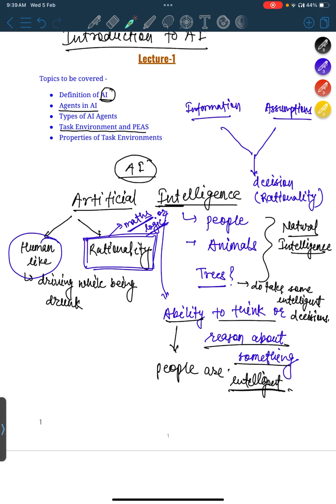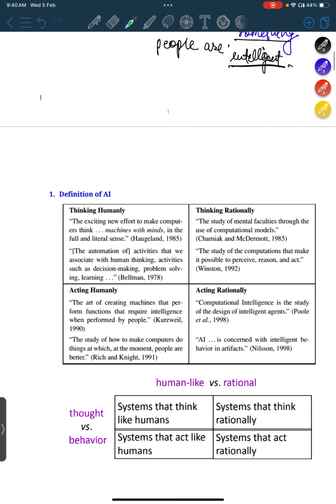If we go over all the definitions of artificial intelligence in books and literature, combine them and sort them, we find that all these definitions can be categorized into these two. Let me show you.